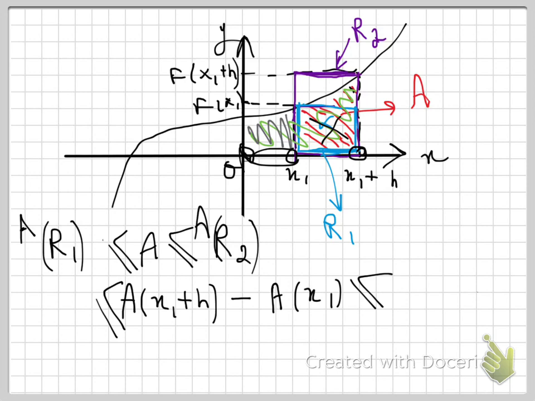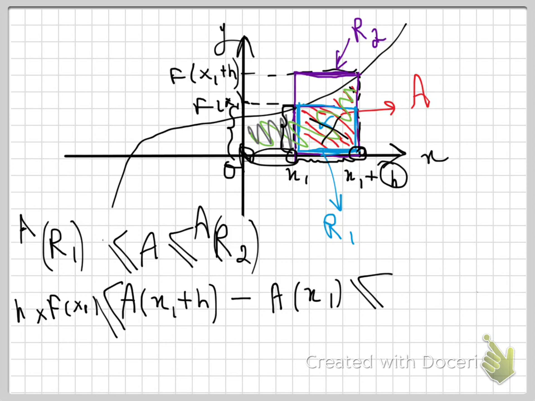And the length here is h, because the distance between x1 and x1 plus h is h, times the width. The width is this height, which is f of x1.